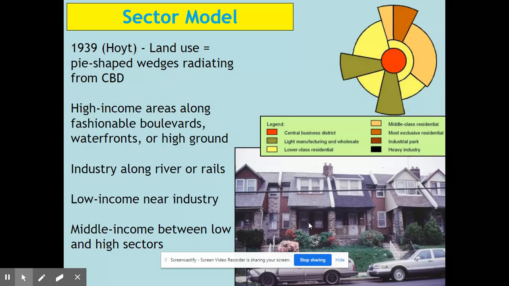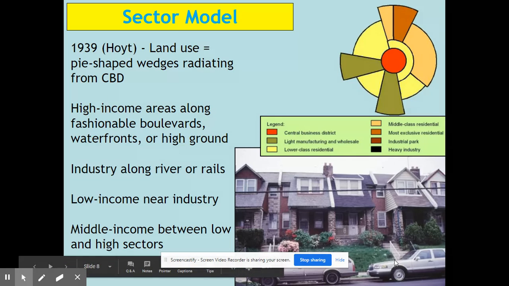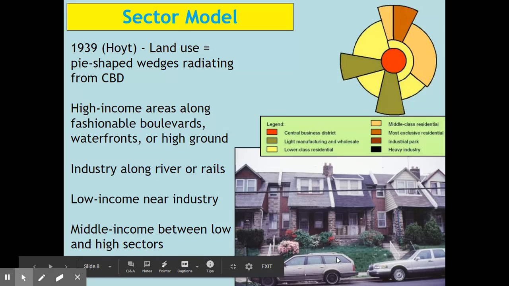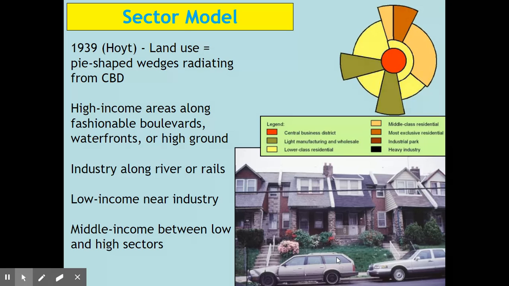This is 1939, Hoyt. So the next model that you would apply, this one is definitely based on the automobile. Hoyt noticed that cities, as they increasingly got access to an automobile or to railroads, started to develop with sectors.